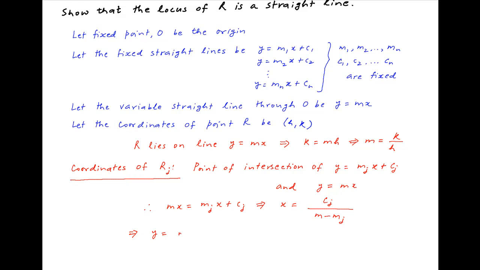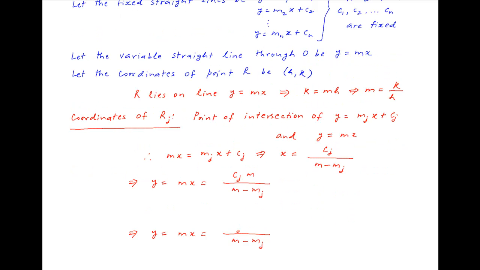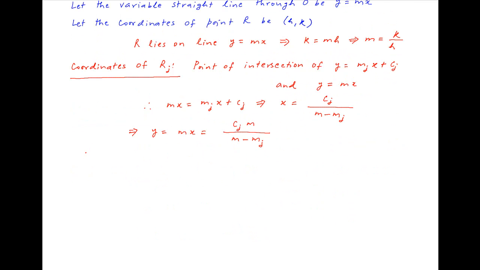Therefore, y, which is equal to mx, is equal to cj times m divided by m minus mj. Therefore, the coordinates of the point Rj are cj upon m minus mj and cj times m upon m minus mj, where j is equal to 1, 2, 3 and so on till n.